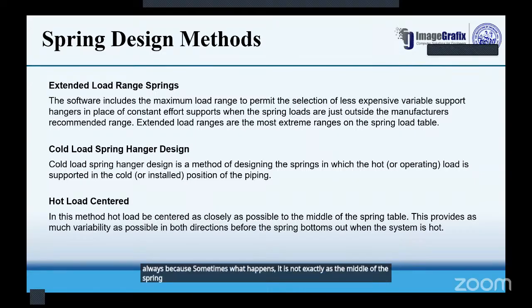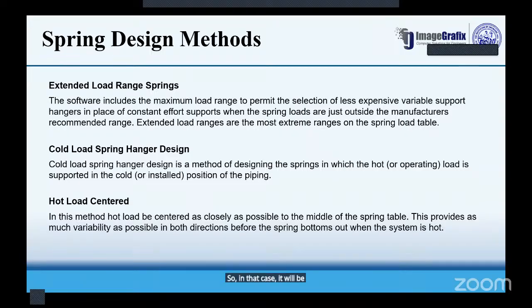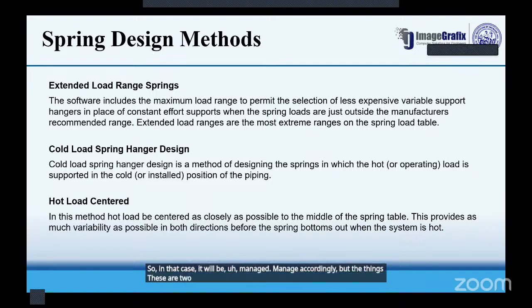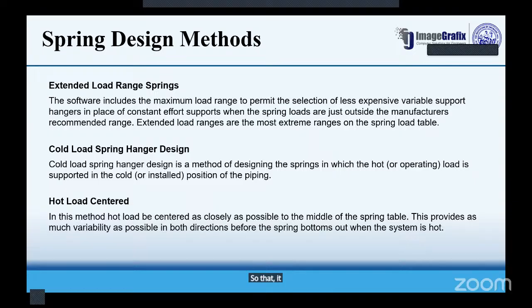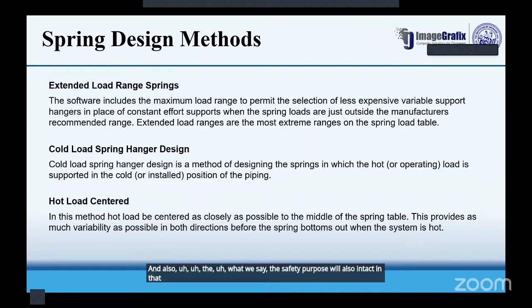Sometimes it should be shifted in the upward or downward load range, and in that case it will be managed accordingly. But what CZ2 will do is optimize the selection of the spring so that it is efficient as per the cost, and the safety will also stay intact in that particular selection of the spring.